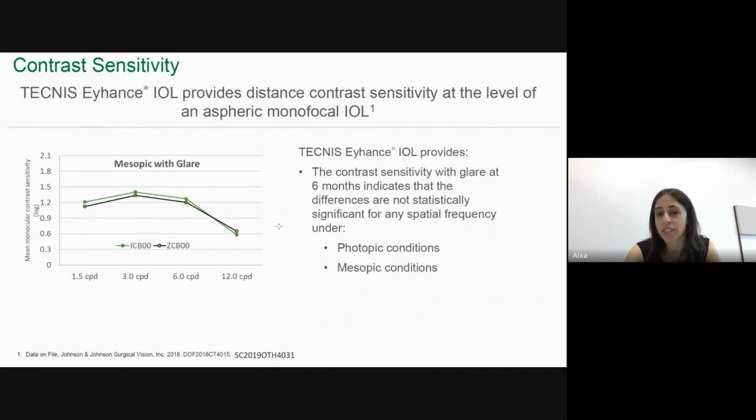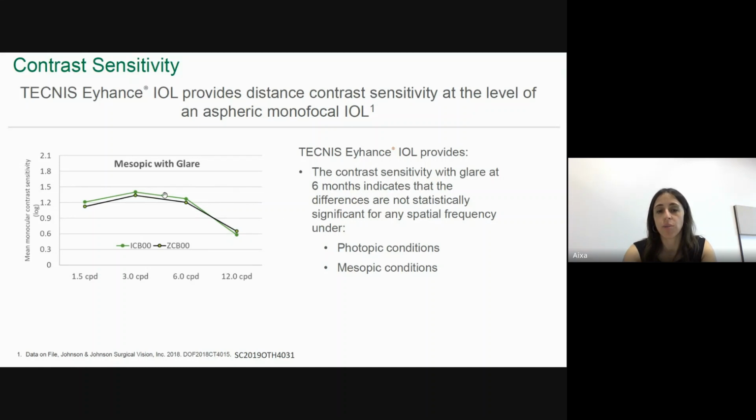If we measure the contrast sensitivity in real patients implanted with the IOL, we get what we were expecting from the optical bench data, because we see in the optical bench that the MTF is at the level of an aspheric monofocal IOL. That's currently the gold standard in terms of contrast sensitivity for a patient, and that's what we measure also in the clinical study.